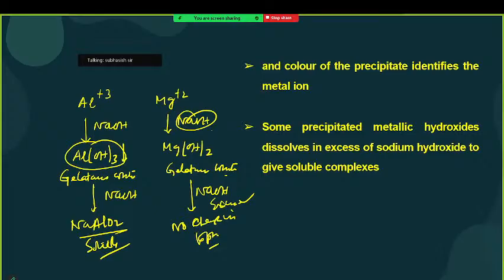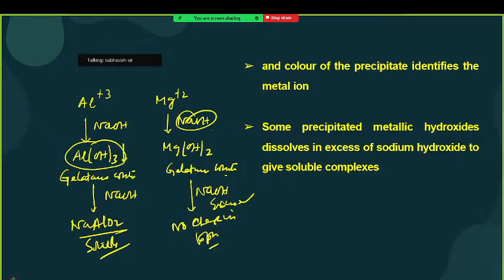Though magnesium and aluminium react with sodium hydroxide and produce a similar color precipitate of aluminium hydroxide and magnesium hydroxide, sodium hydroxide can be used to identify them by using some excess. The aluminium hydroxide precipitate dissolves and the magnesium hydroxide precipitate remains as it is.